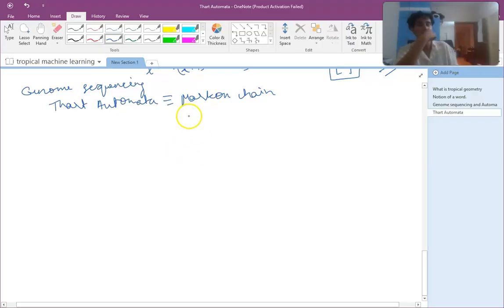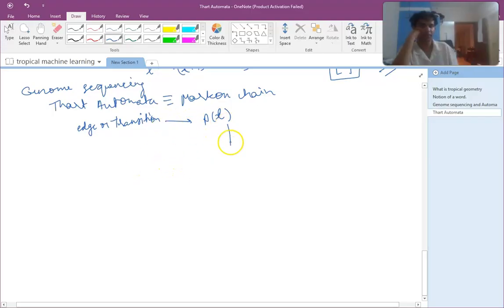I'm going to consider this as a Markov chain, and for every edge or transition, I'm going to try to assign some sort of probability of L to each of these edges.